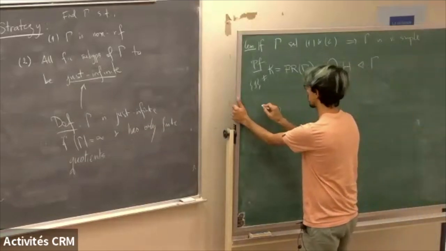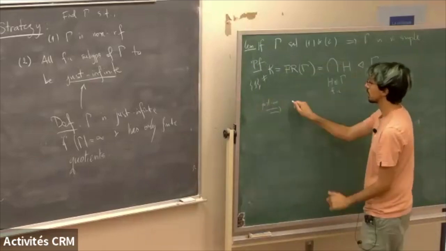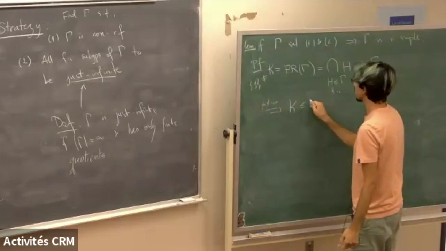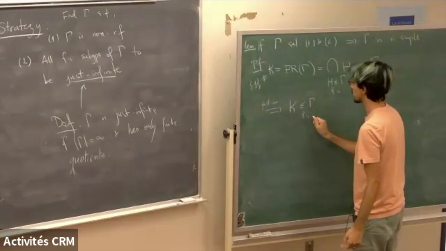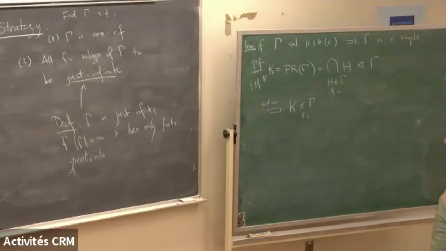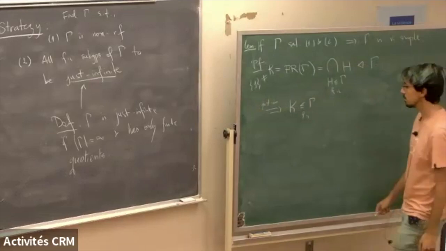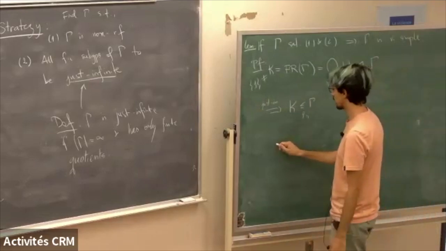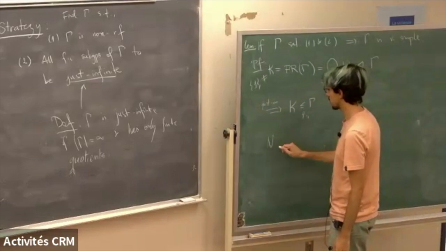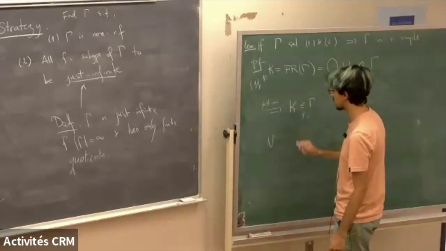So the just infinite property tells me k is finite index. But now we can play this game with k instead of gamma. The claim is that this k is simple.